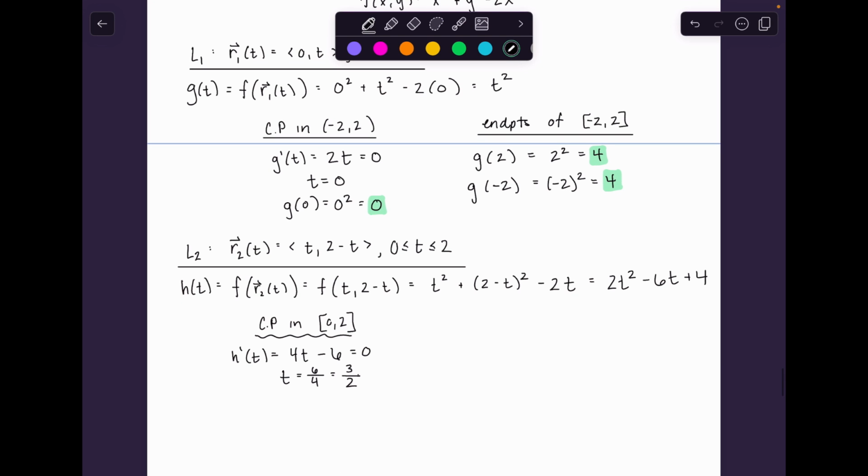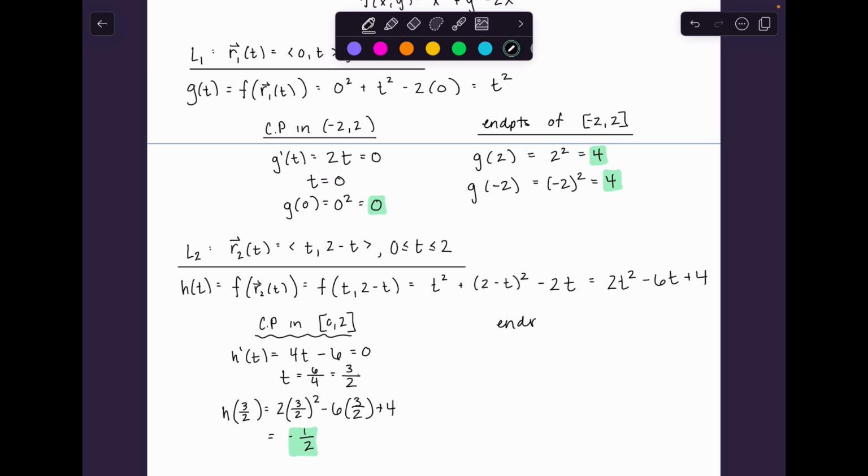So I need the z value corresponding to this, so I plug this back into the function h. That'd be 2 times 3/2 squared minus 6 times 3/2 plus 4. And if you plug this all in or actually do it by hand, you should get that this is -1/2. So again, another possibility for an extreme value.